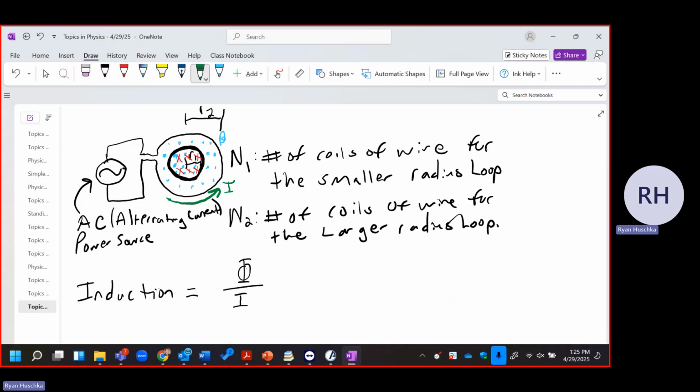So what direction is our current then? Imagine your right-hand rule, where now you have a magnetic field that is opposing. We have the X's there from the current, so we would have a current going around the inner ring in a clockwise direction.